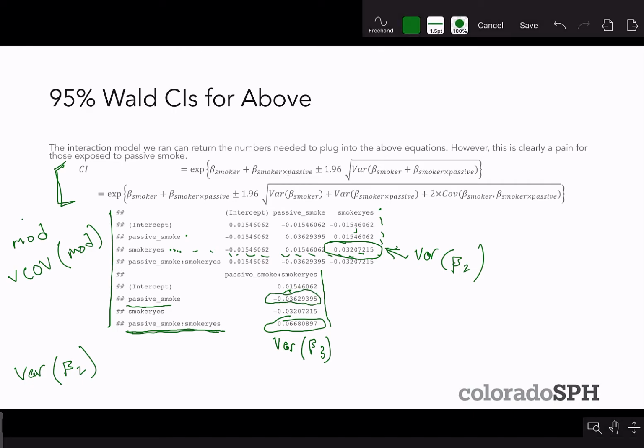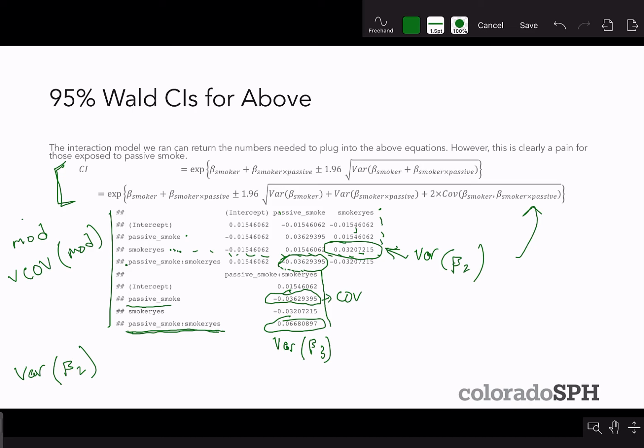Or I could look for the interaction term and see where it meets the coefficient for beta 2, and that should be the same value, and it is. So you can plug those all into this equation here and get your value for your standard error.